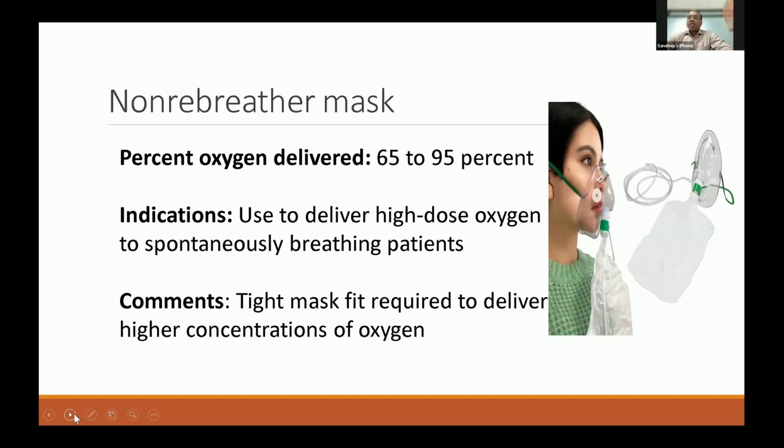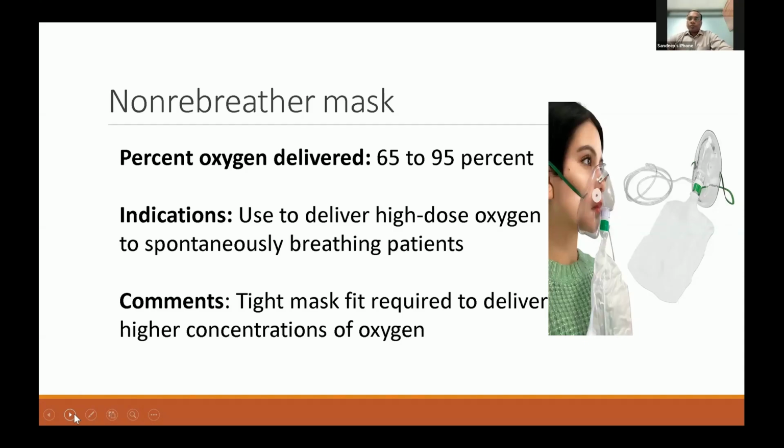So all these devices can be used to deliver very high FiO2, right? And make sure that you fit that device properly. The fixing system is same as the simple face mask, where you have a metallic nose clip, and the greenish straps, which you should pull and fix the mask properly to the face.